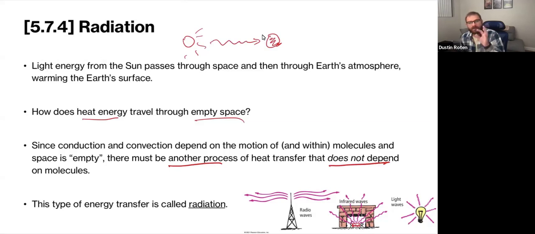So this particular type of energy is called radiation. You can actually see radiation in so many different forms. Radio waves, so every time you turn the radio on in your car, that's a form of radiation. That same type of radiation is what you feel beside a fire.